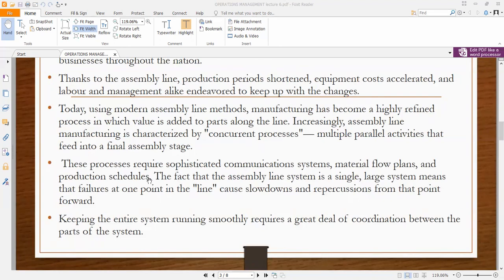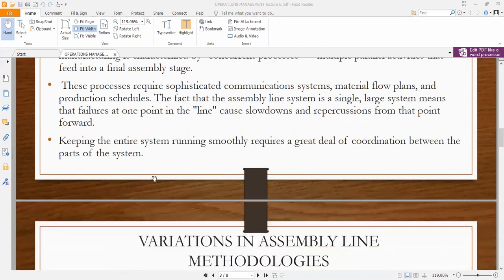For them to run smoothly, all these components coordinate together.